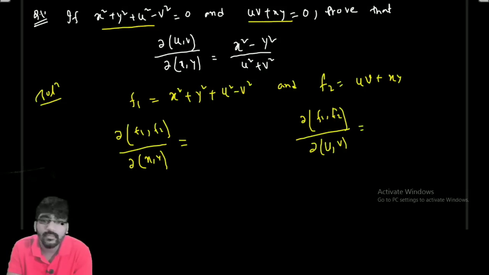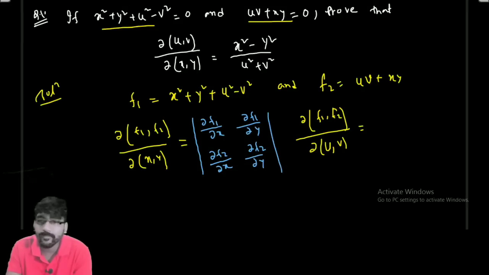Let me calculate. ∂(f1,f2)/∂(x,y) is the determinant with entries ∂f1/∂x, ∂f1/∂y, ∂f2/∂x, ∂f2/∂y. Similarly for (u,v) we get ∂f1/∂u, ∂f1/∂v, ∂f2/∂u, ∂f2/∂v.